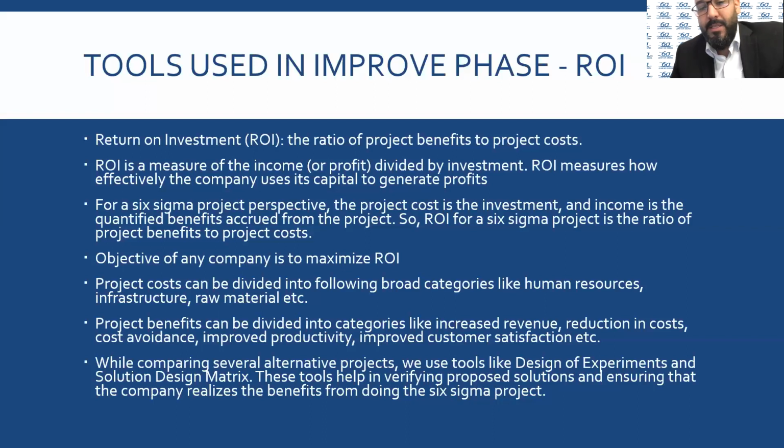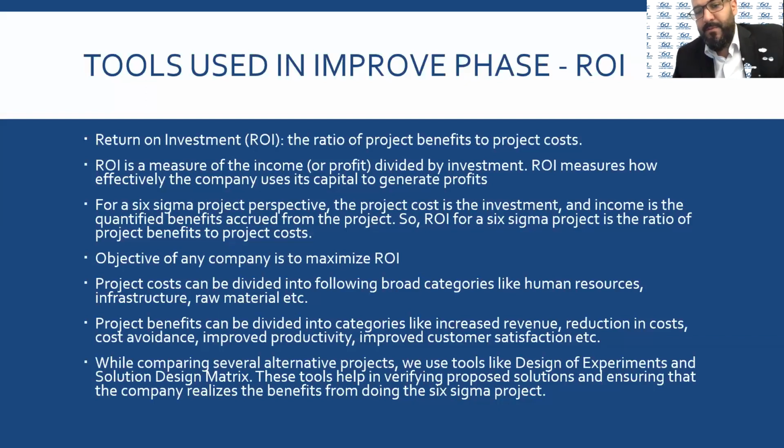While comparing several alternatives, we use different tools to look into not only the financial perspective, but also something else, such as the design of experimental solution and the design matrix. That will give us a different perspective than the financial one.